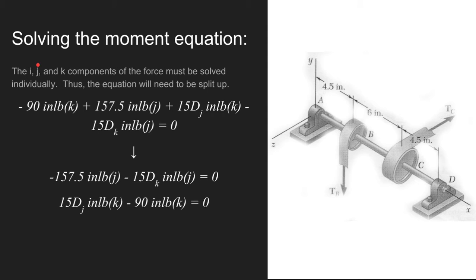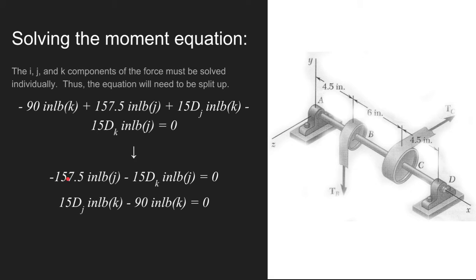The I, J, and K components of the force must be solved individually, thus the equation will need to be split up. So instead of solving it like this, we need to solve for the K and J components individually, so we need to split them into two equations that reflect that.